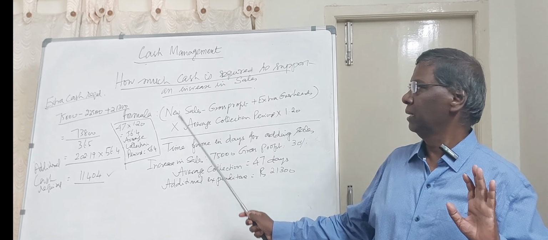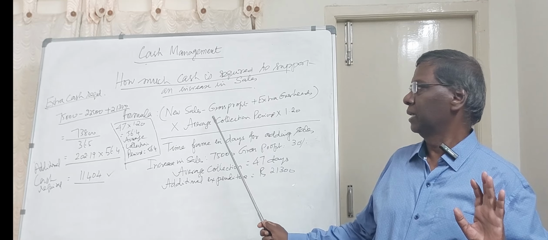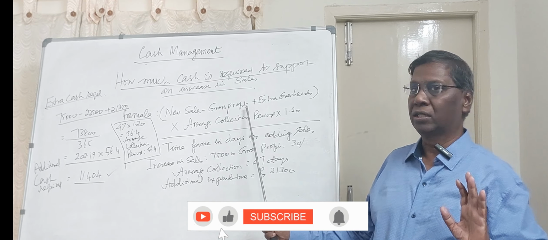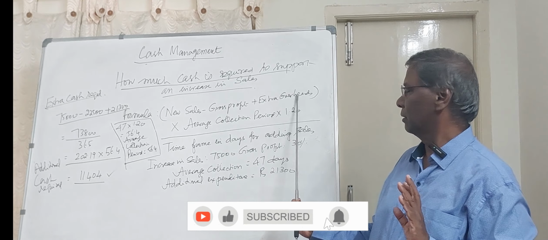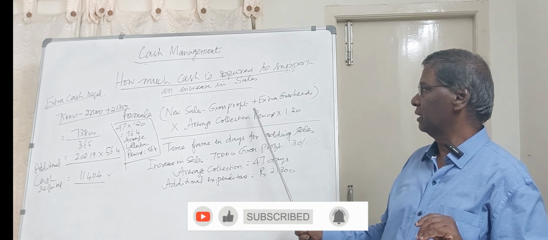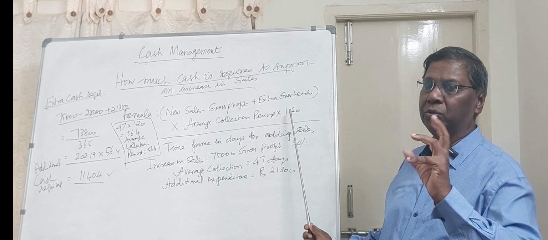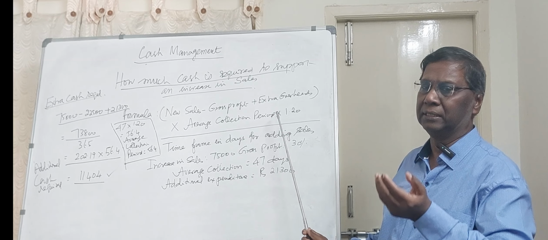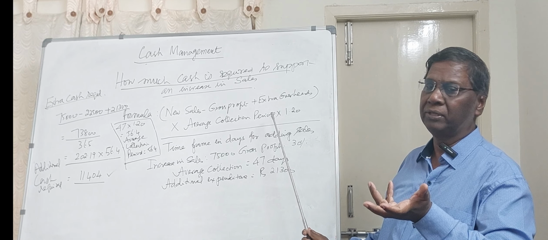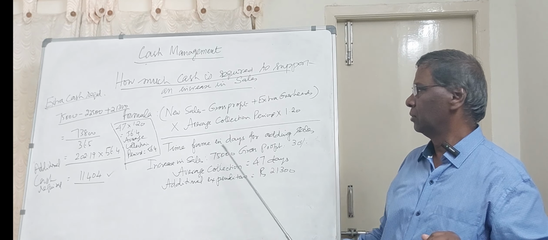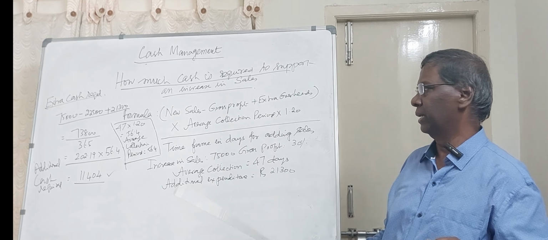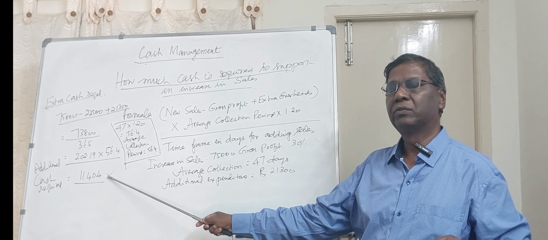So, got the point? Simply by this formula, I'm again telling you: new sales minus gross profit plus extra expenditure, into average collection period, into 1.20. We are taking some exigencies, 1.20 for exigencies. You will not pay in exactly 47 days, so we take it at 56 days. Okay. So into 56 divided by 365. How much are you getting? 11,404.